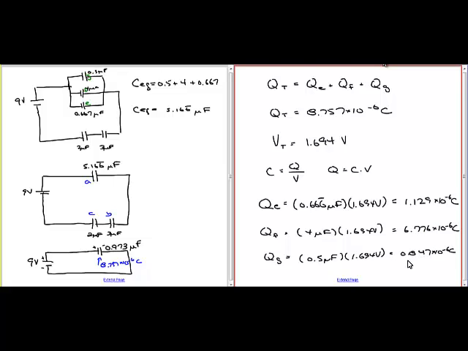And if you add all those up, 1.129 plus 6.776 plus 0.847, it should equal 8.757, and I get 8.752. So it's, again, just an artifact of rounding off.